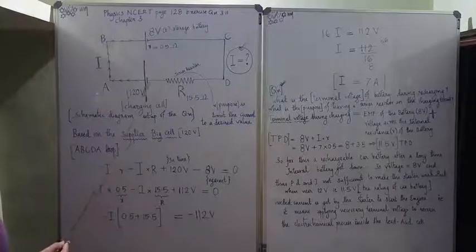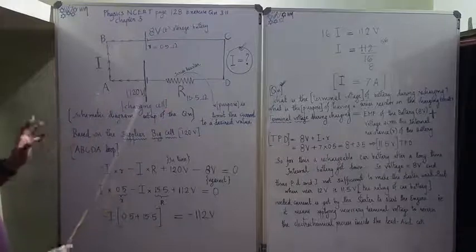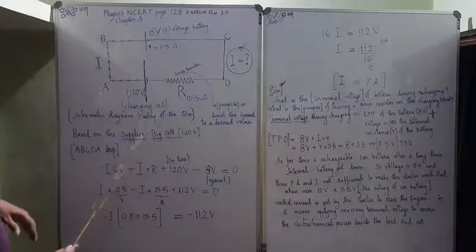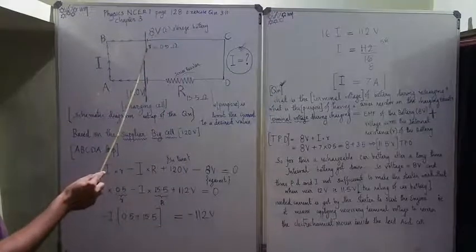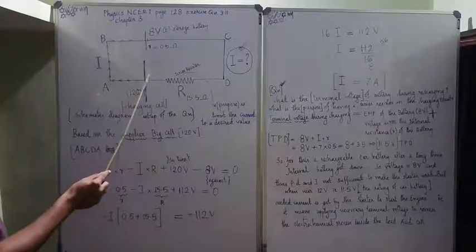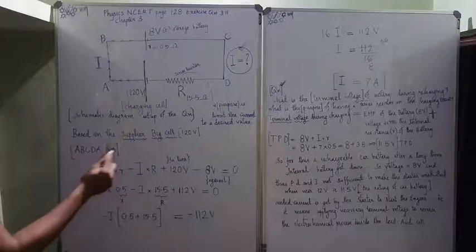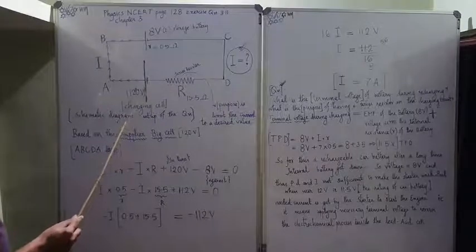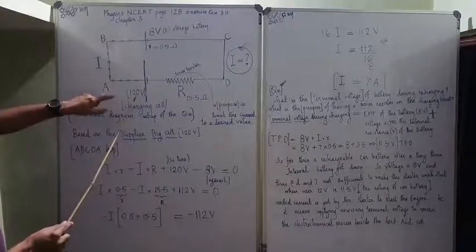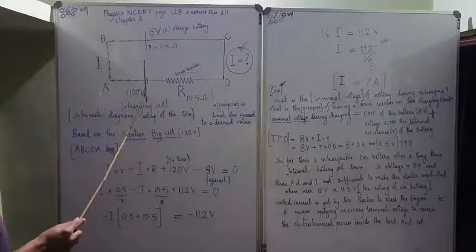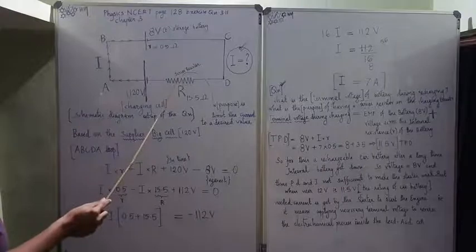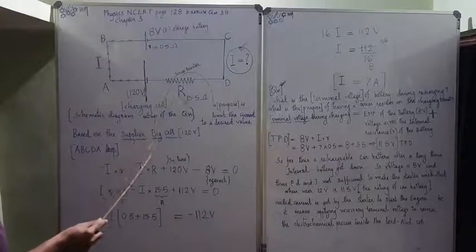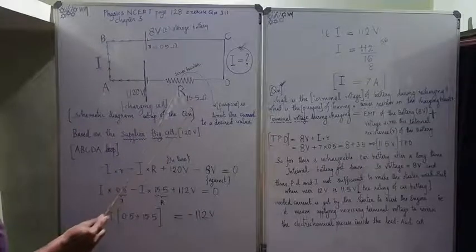A schematic circuit diagram is drawn in this question, describing an 8 volt storage battery with an internal resistance of 0.5 ohm, charged using this 120 volt DC supply, with a series resistor of 15.5 ohm connected to it.